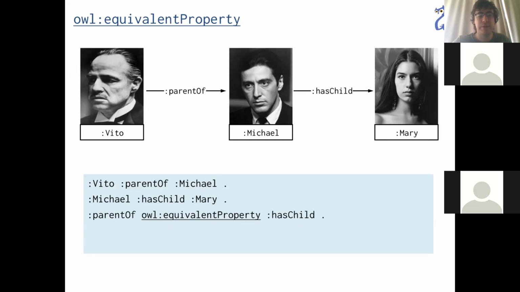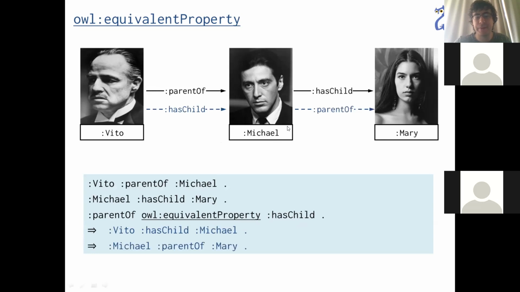We can infer not only that Vito has child Michael, but we can also infer that Michael parent of Mary. So one thing to note is just that the direction of the relation remains the same. Okay, so in both cases, what we infer is the same relation, same direction of relation as the original relation. So we say essentially parent of and has child are 2 names for the same relation.